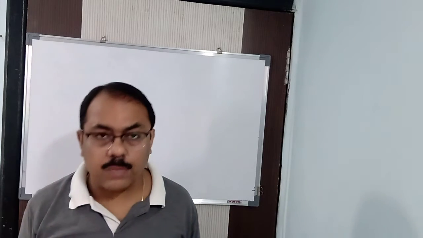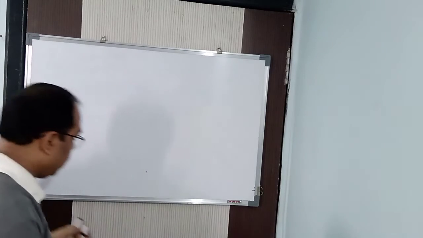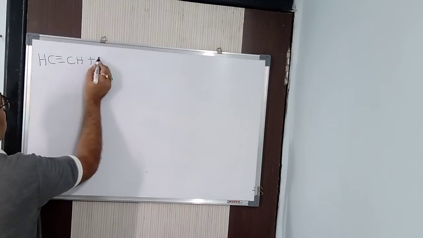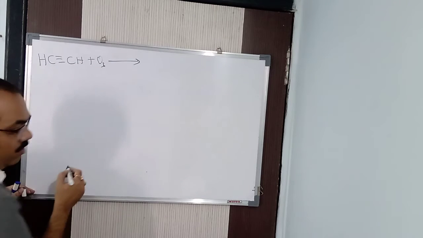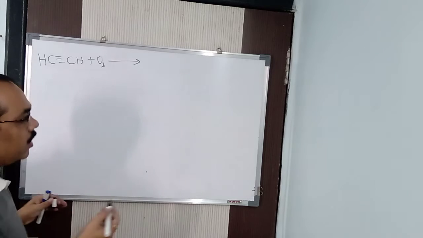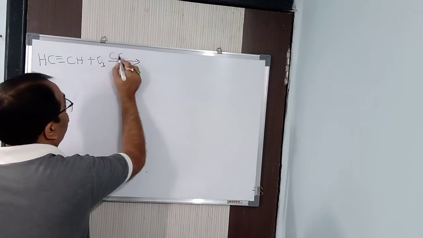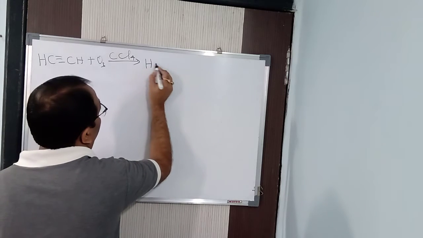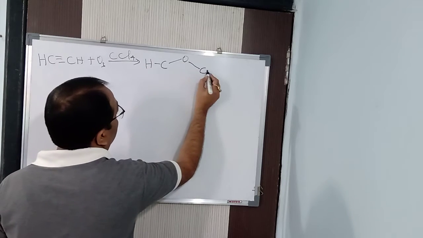So as soon as it is being formed, you should immediately reduce it so that it forms a stable product. Here also the same thing, you have to remember it. So here HC triple bond CH plus O3 in presence of an inert solvent, like ether or CCl4, then an addition reaction is going to take place. HC, here one oxygen, here oxygen.